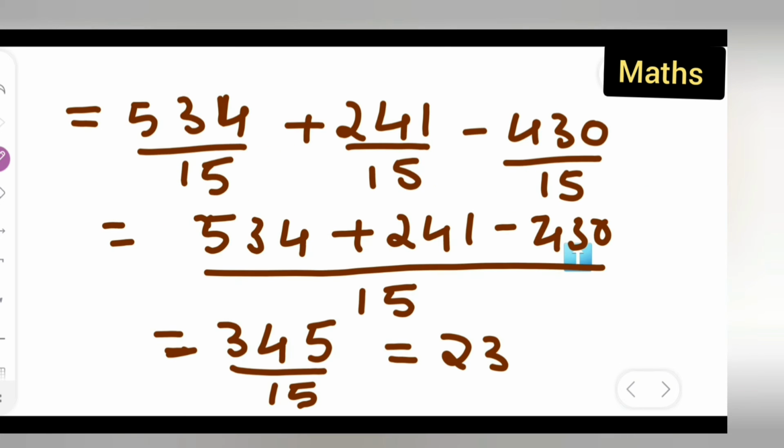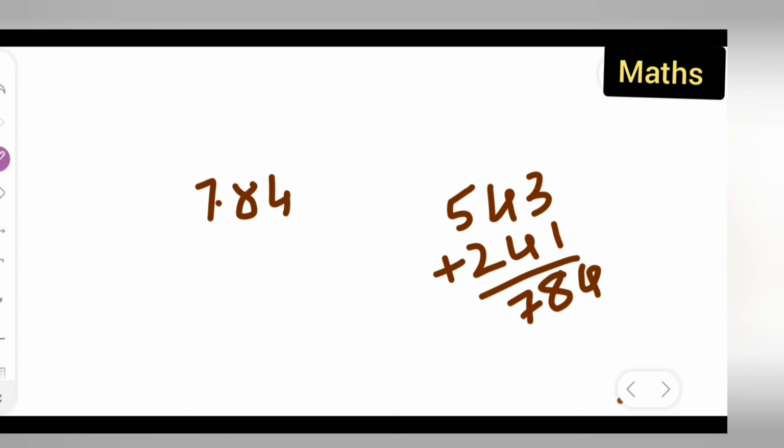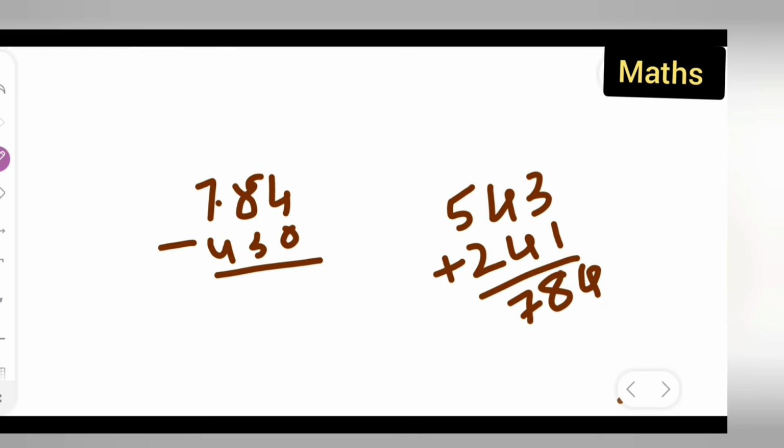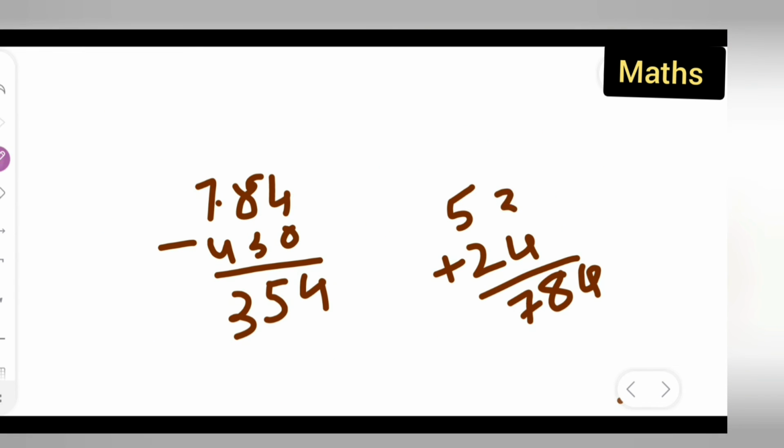First add 534 and 241. So what answer do we get?